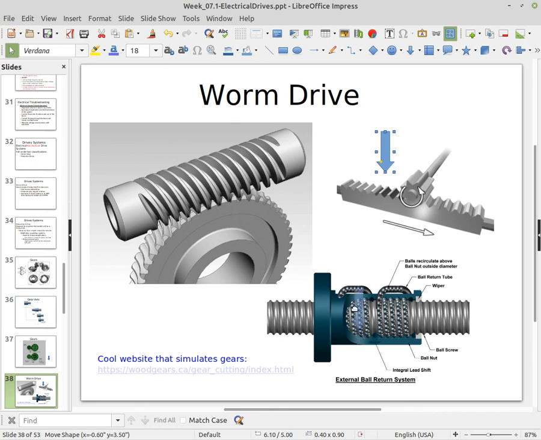This is turning the shaft with a motor, but then these ball bearings run along the threads of the shaft and allow you to get a linear motion out of this connection on top of here.